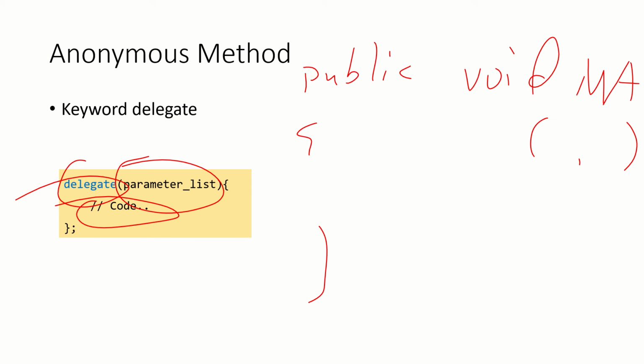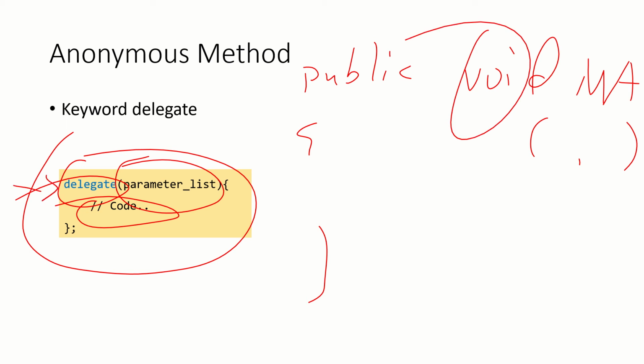Okay, instead of that, we're using an anonymous method. You don't have to declare the access modifier and return type in here, because the delegate, you should declare them at first, right?